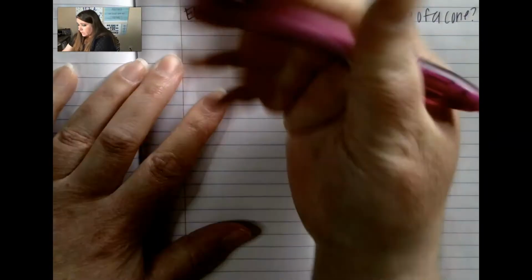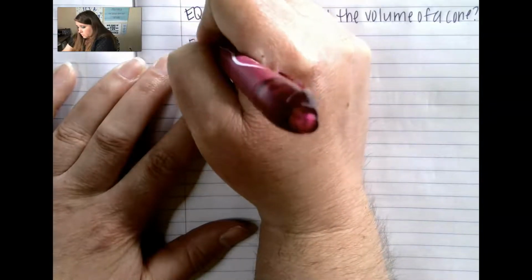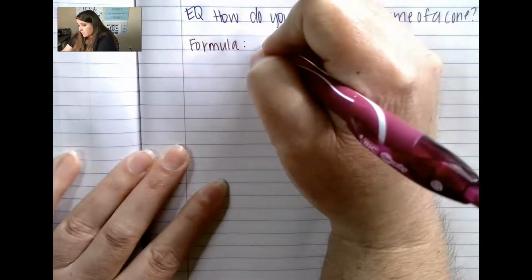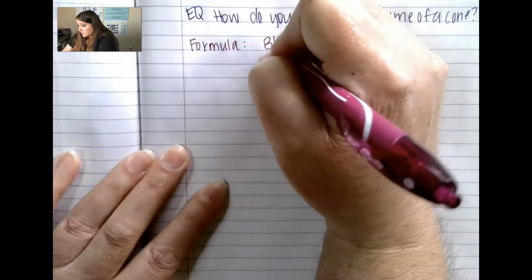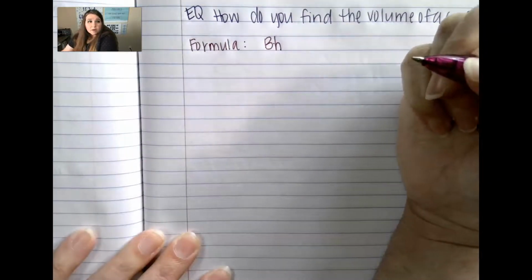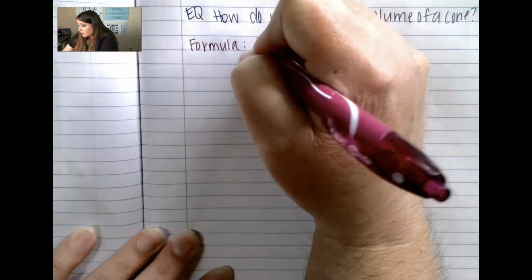All right, so to find the volume of a cone, the formula that we're going to use is very similar. The formula we're using is still the area of the base times the height, just like we did for a cylinder, except we're going to take 1/3 of it.